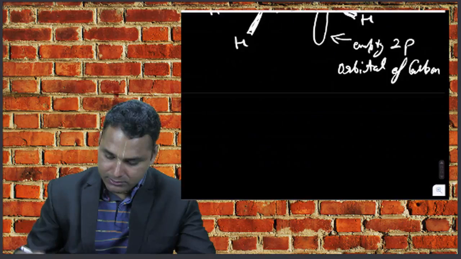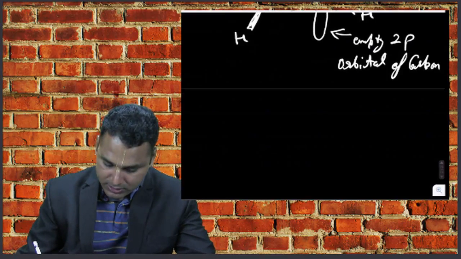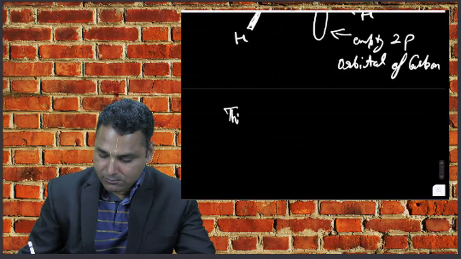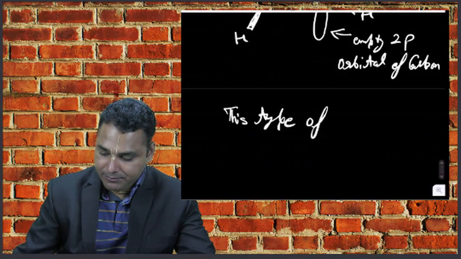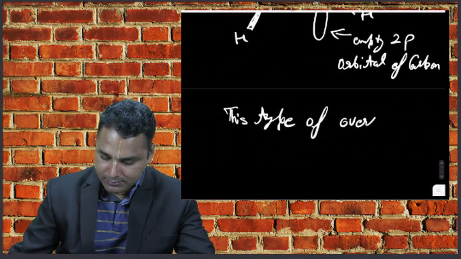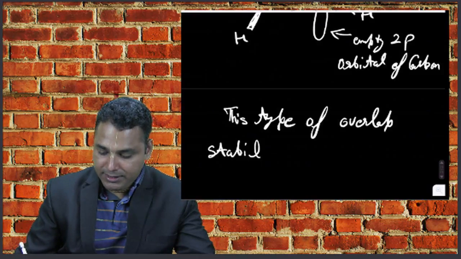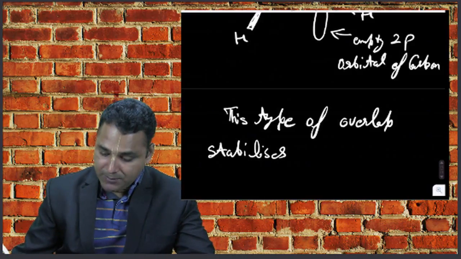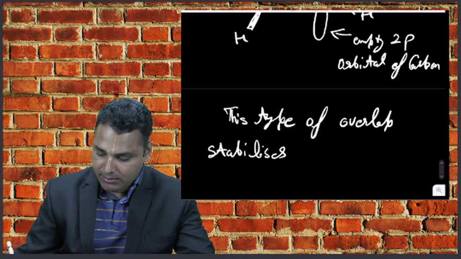This type of overlap stabilizes the carbocation, because it is a general stabilizing interaction.